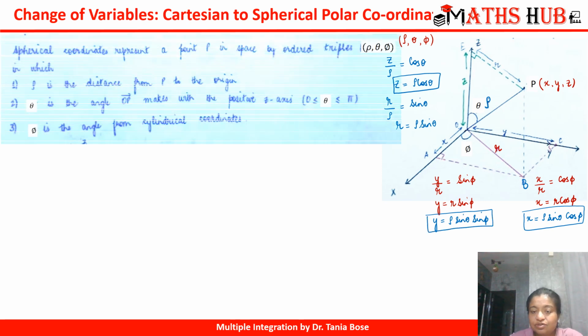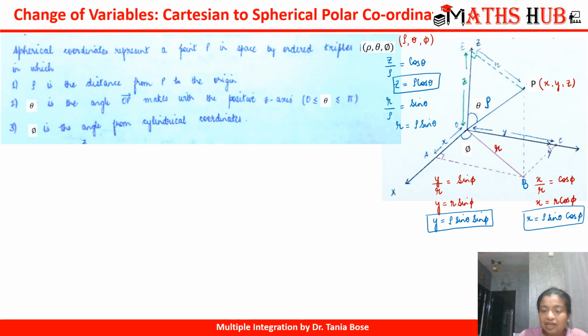Now what points do we have to keep in mind? Rho is always the distance of the point P from the origin. Theta is the angle that OP makes with the positive z-axis, right? So this angle is theta. Now sometimes you may find that theta and phi are interchangeable. In some books you will find that instead of theta they are writing it as phi.